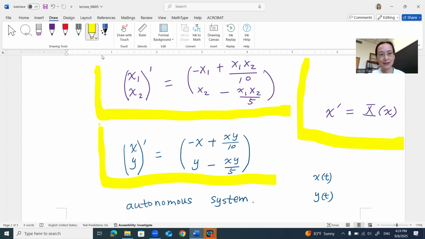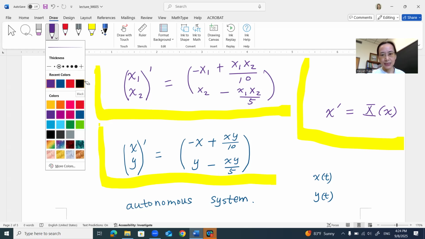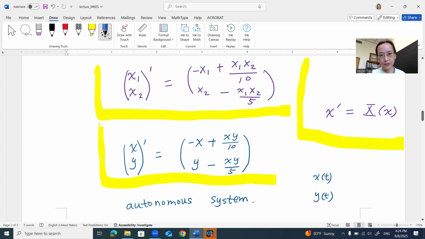So the X is the vector valued function X. So just to recognize the notation, this capital X here will be this vector, which we call vector field.